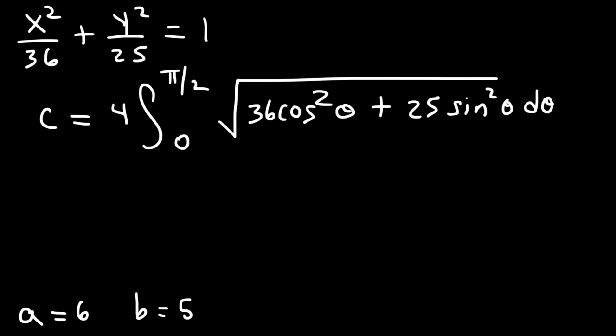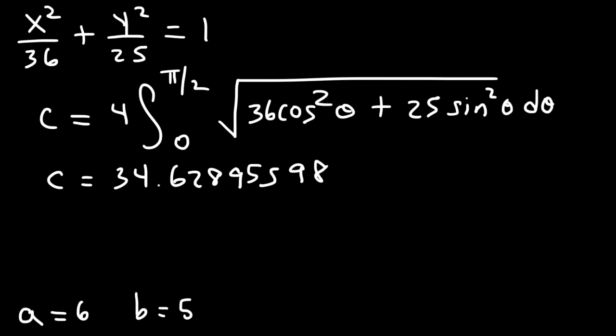I'm going to show you how to evaluate this integral using an online calculator. But once you type it in, you should get this answer, 34.62895598. So that is the circumference of the ellipse.